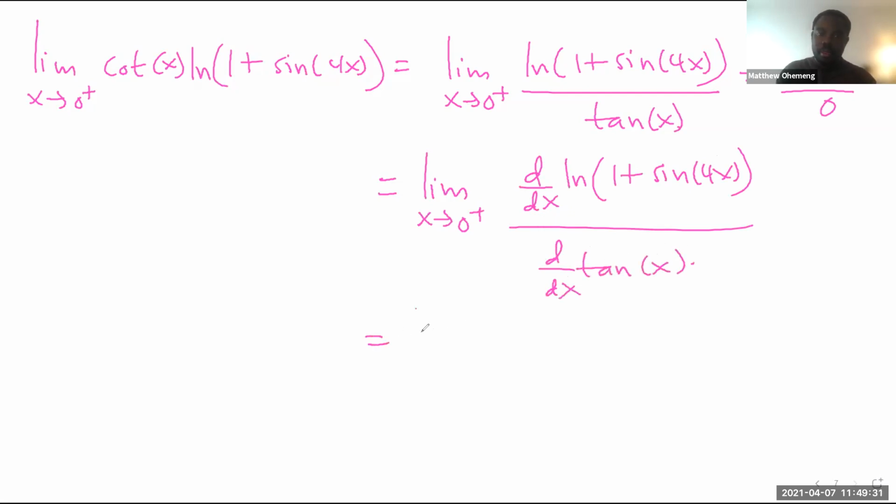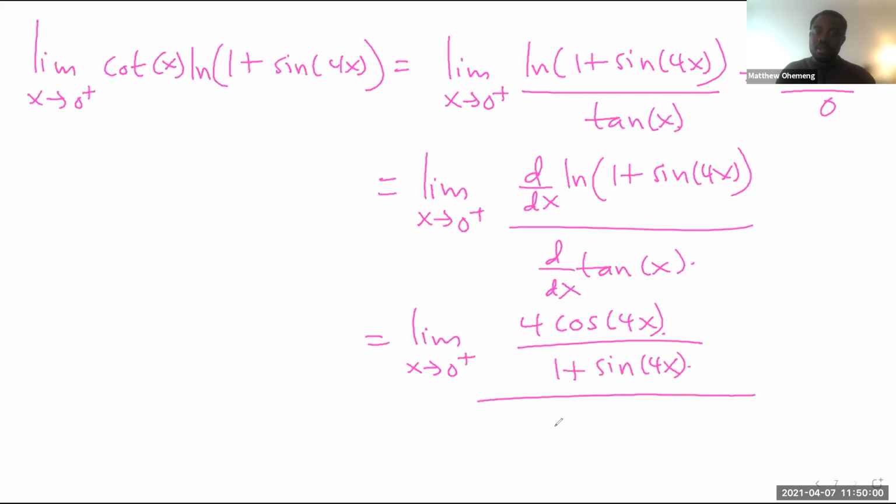So we have this. Now for the top, we are differentiating ln of something, right? So you can employ the chain rule, or you can employ the rule about ln being the outer function. Just differentiate the function and divide by itself. The derivative of 1 is 0, the derivative of sine of 4x by the chain rule is 4 cosine of 4x, and then divide by the function itself, so that's 1 plus sine of 4x.